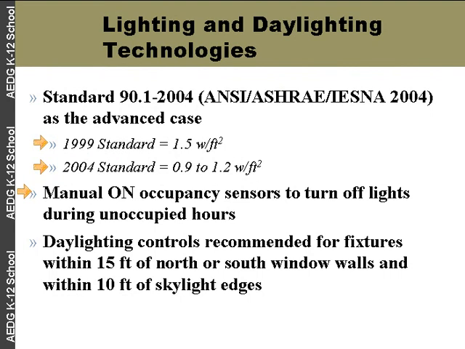Manual on occupancy sensors were recommended for turning off lights during unoccupied hours. And the difference between a standard occupancy sensor and a manual on occupancy sensor is that with a manual on occupancy sensor, you physically do have to touch it, just like a wall switch, to get the lights to turn on.